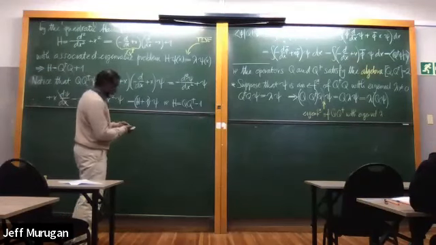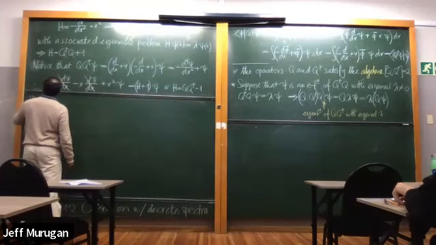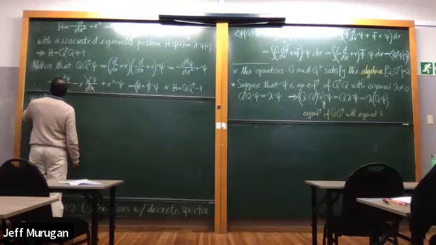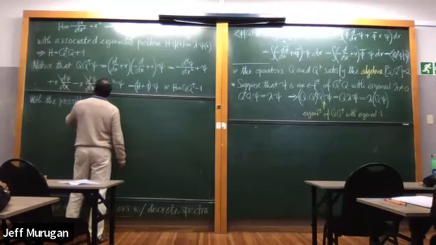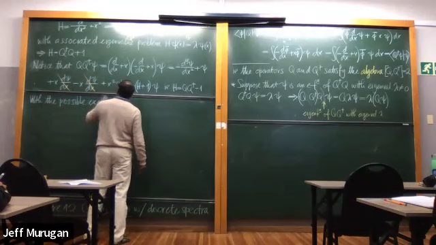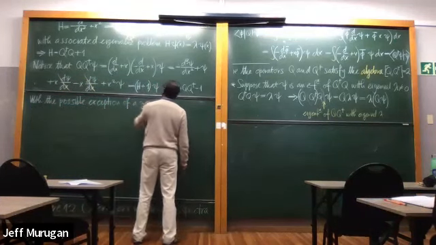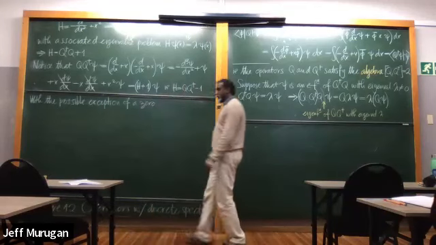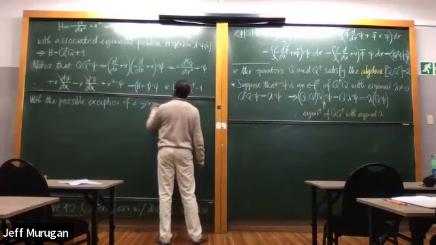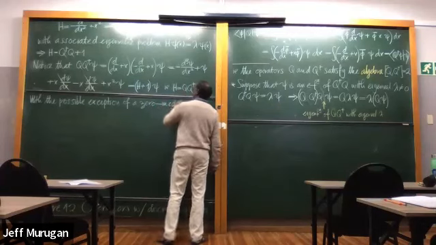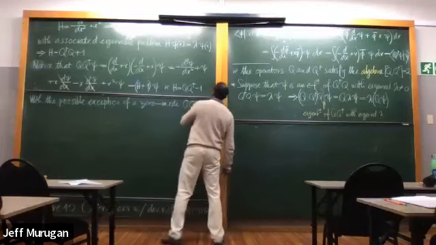So here's the possible exception of a zero mode. And a zero mode is an eigenfunction of eigenvalue 0 of Q dagger Q or Q Q dagger.